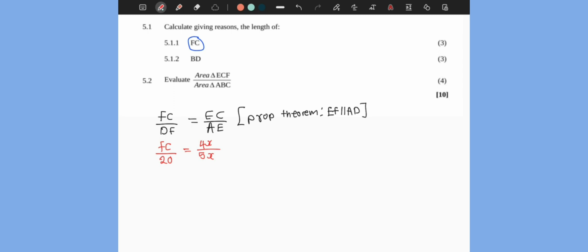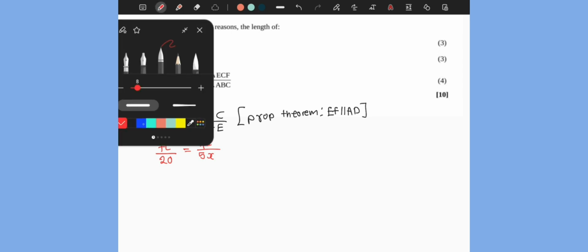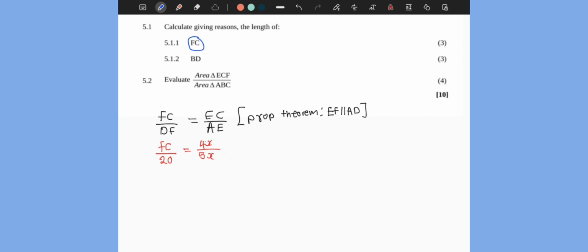As you can see here, the values of x will cancel out. In order for me to find the magnitude of this FC, I need to multiply 4 over 5 by 20. Then I am going to get the length of this FC.